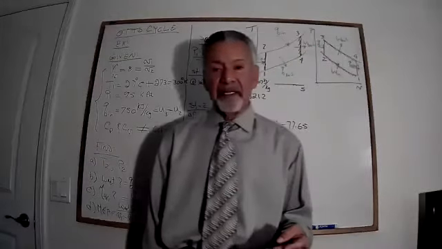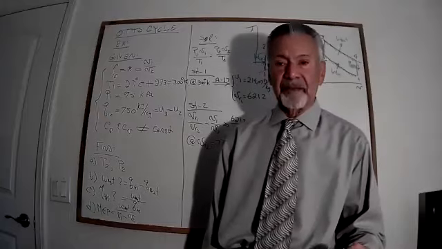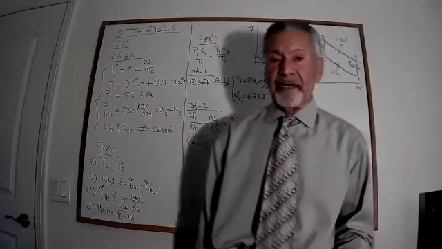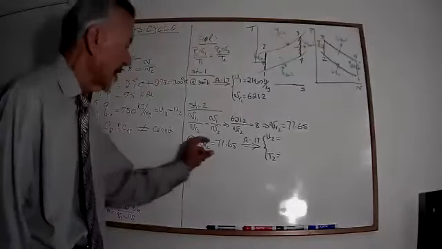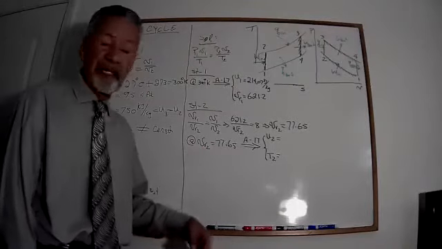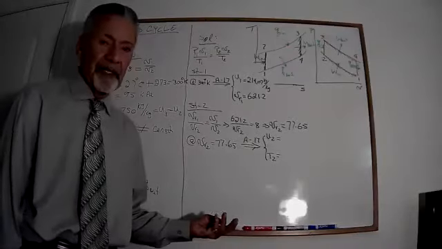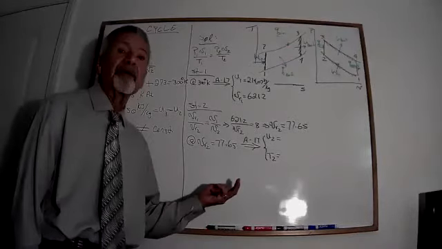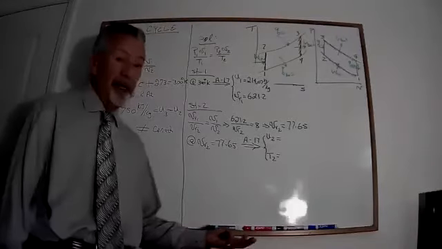In the test, I allow you to make that assumption. However, if you assume a number that is way out there, that's not going to work. So don't think that because you wrote your assumption, therefore you'll be okay.